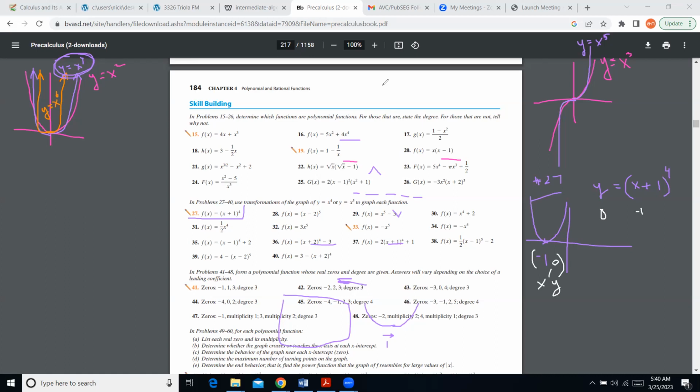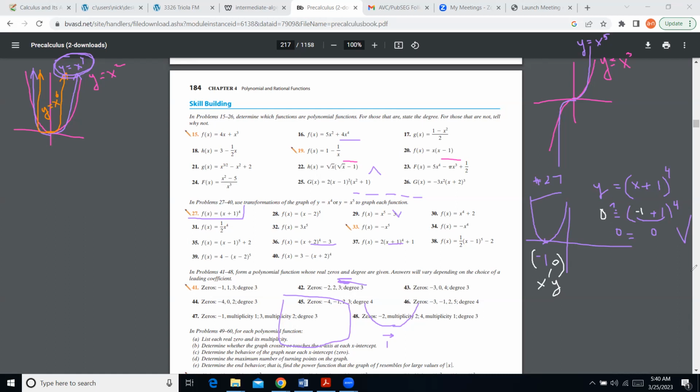So if I test this and see if 0 is indeed equal to -1 plus 1 raised to the power of 4, then when you calculate the right side, you will get a 0 in the parentheses. Raised to the power of 4 is indeed equal to 0, so you can see that, yes, this checks. So this is the standard way to check if you've done the graph correctly.